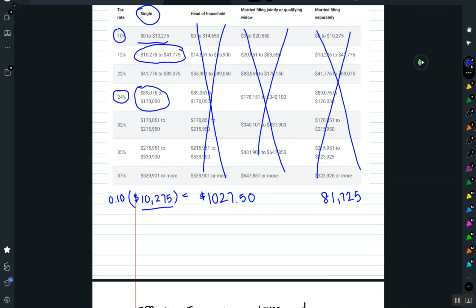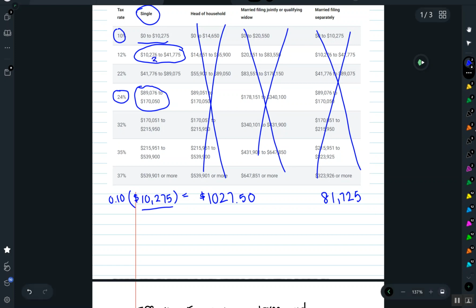Okay, so how much is in the next bracket? Well, how much money is in there? From $10,276 to $41,775, you're going to pay 12% on that. But how much money is that? Let's subtract that. So 41,775 minus 10,276.